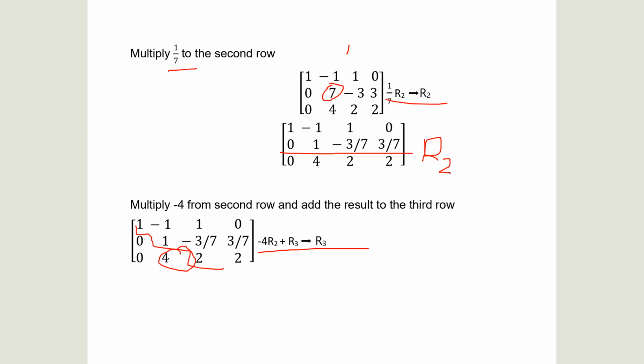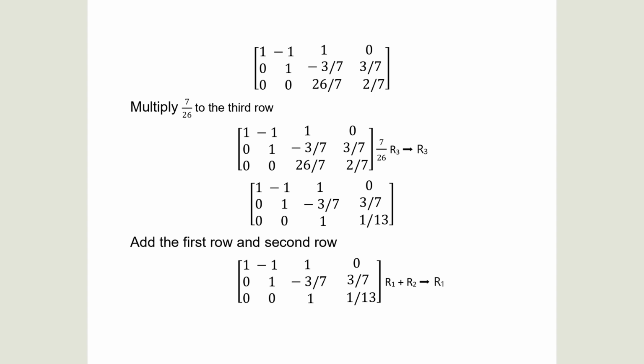Because we need to multiply the negative 4 from the second row and add the result to the third row. That's why our new row 3 is 0, 0, 26/7, 2/7. As you have noticed, that is 26/7, right?